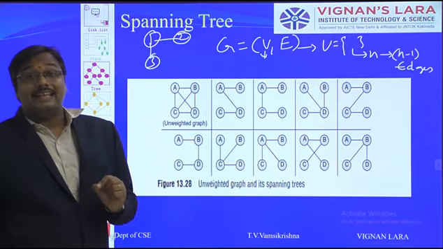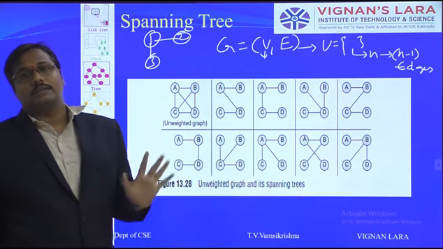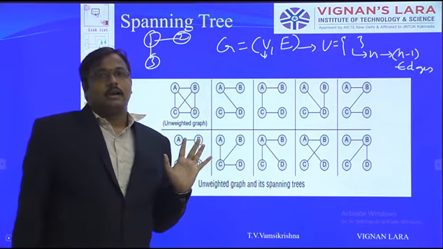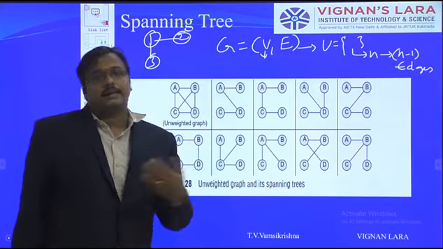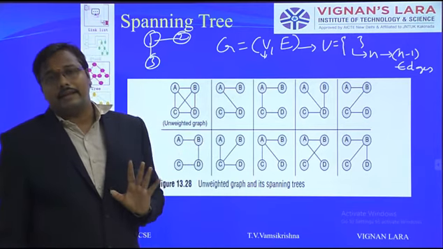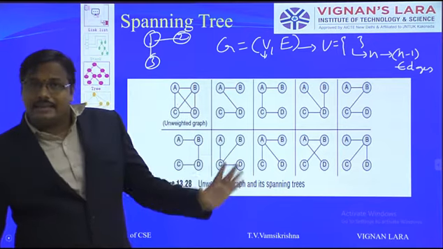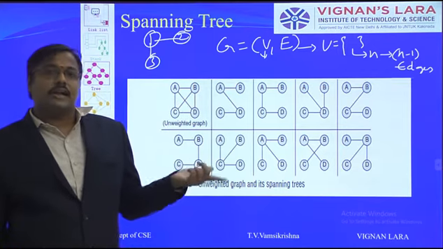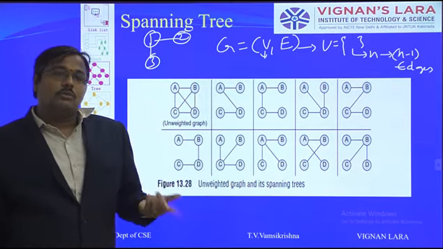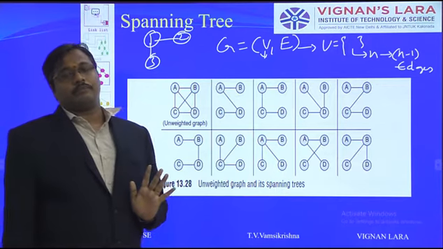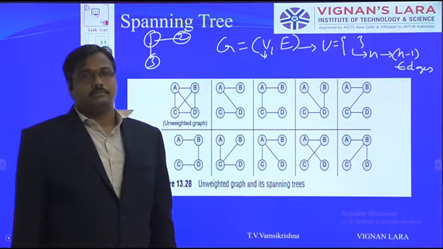And a tree is nothing but a graph with no cycles. A graph may or may not contain cycles, but a tree doesn't contain any cycles. A cycle is where the starting node and ending node are the same.